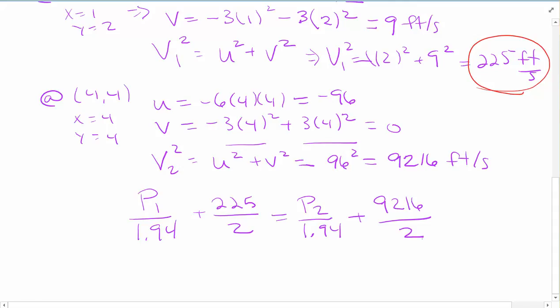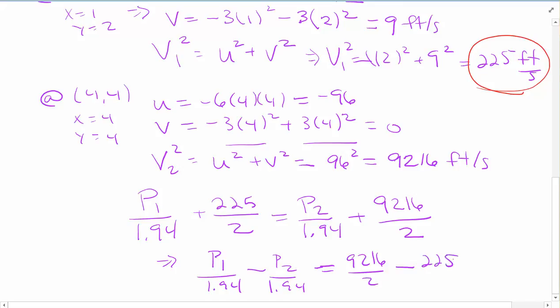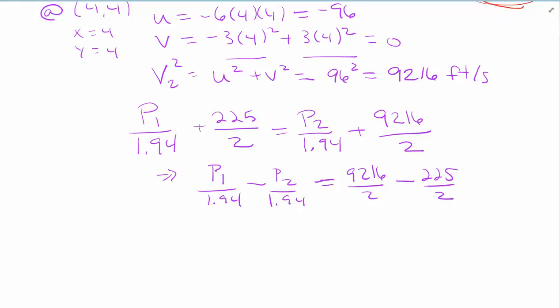Now we want the pressure difference, so let's bring the pressure terms onto one side, everything else to the other. So P1 over 1.94 minus P2 over 1.94 is equal to 9216 over 2 minus V1 squared over 2. And from there you should be able to solve.